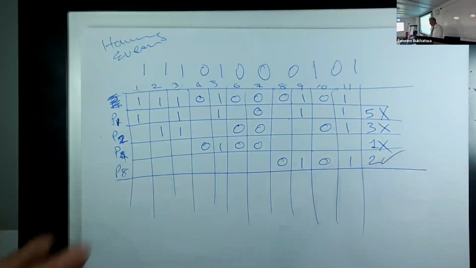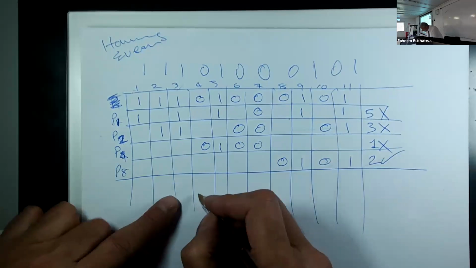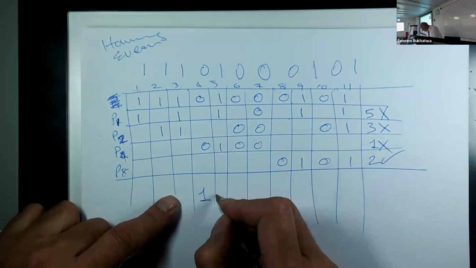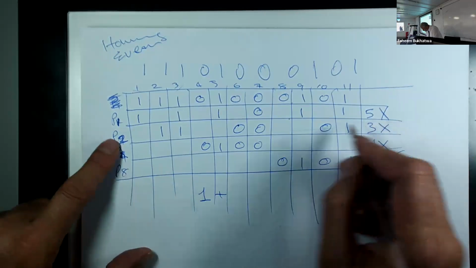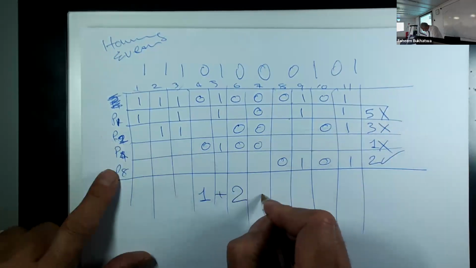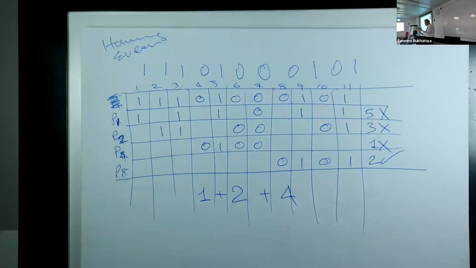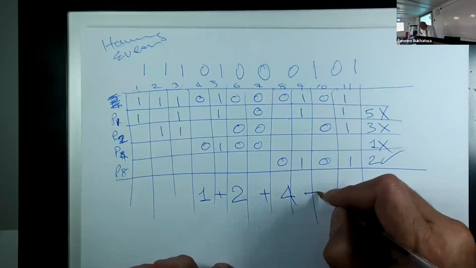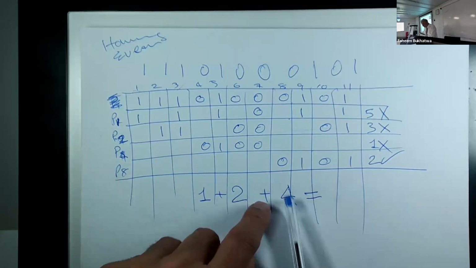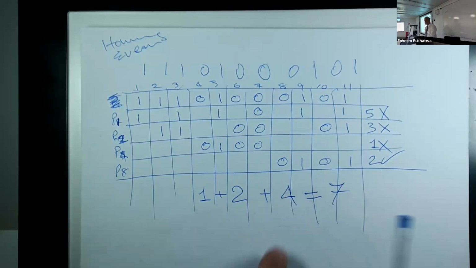No error. So, guys, we have an error in group P1 plus P2 plus P4. You just write the positions, the actual numbers of the parity bits, and add them up. 1 plus 2 is 3, plus 4 is 7, and this tells you bit number 7 has a problem.